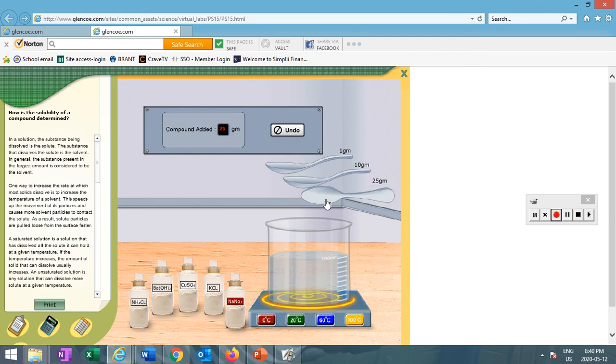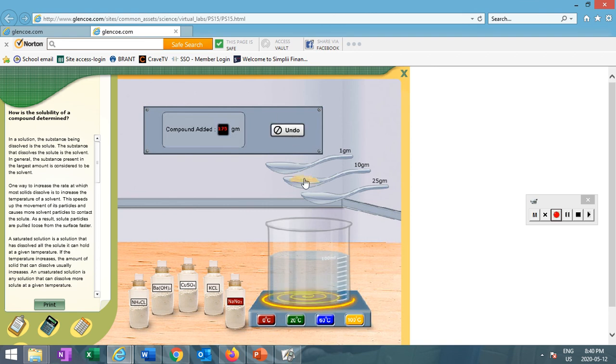So let's get past 123. 125, 150. Oh yes. 175.